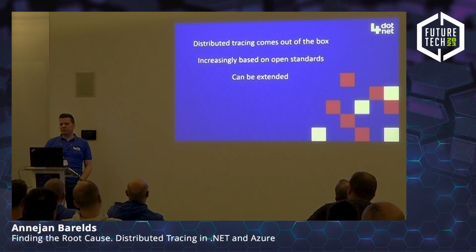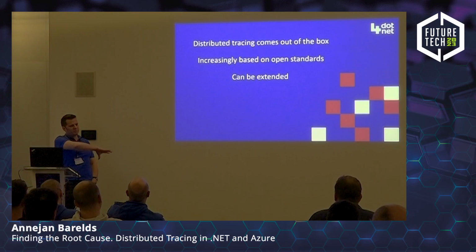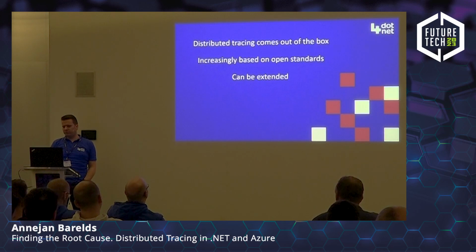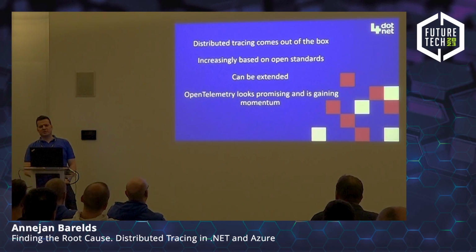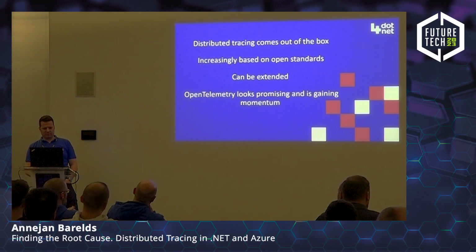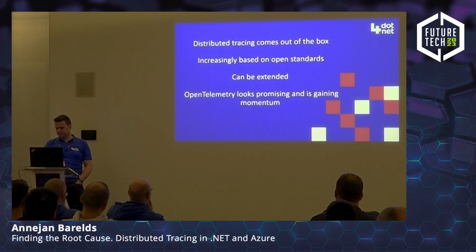You can hook up your own stuff if support doesn't come out of the box. We saw Cosmos. You could also do storage queues if you would want to. And take a look out for what's happening in the OpenTelemetry space, because maybe it's not now the best bet if you're a Microsoft dev, but it's going to be. So don't miss out on that.